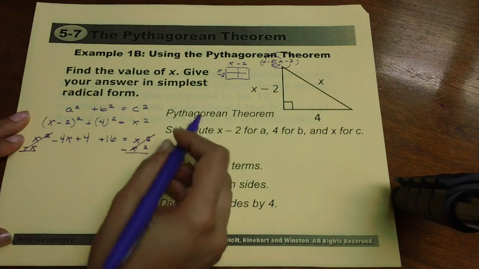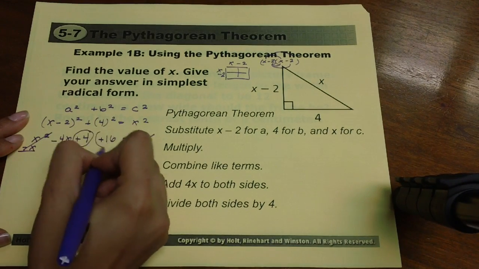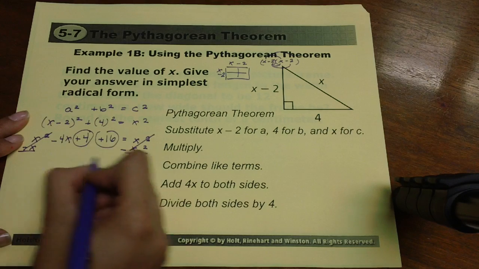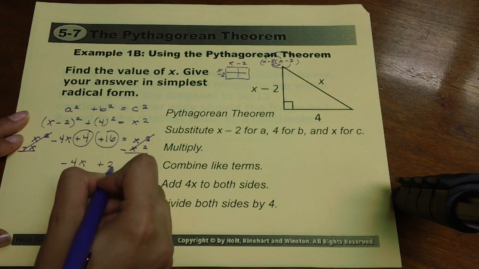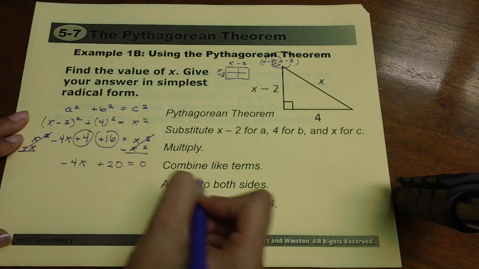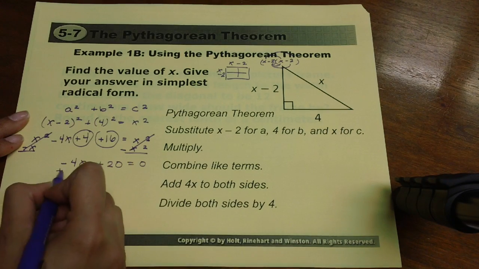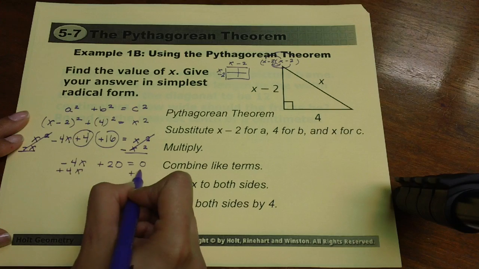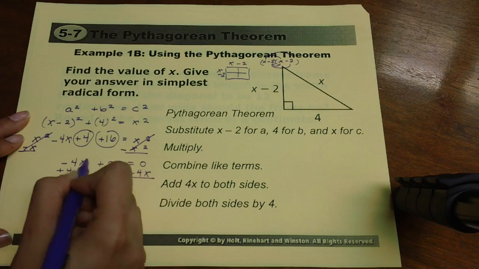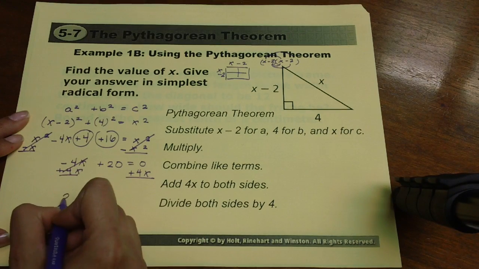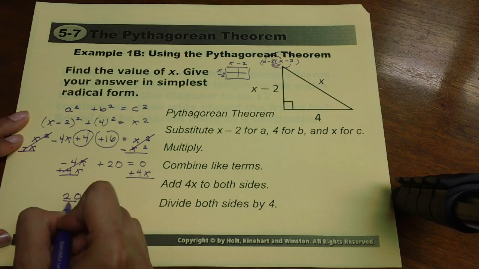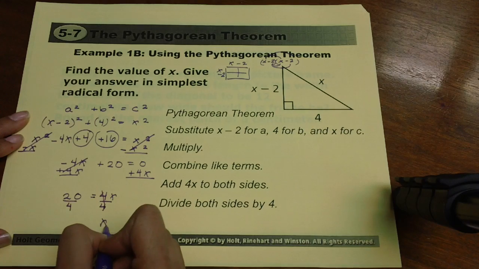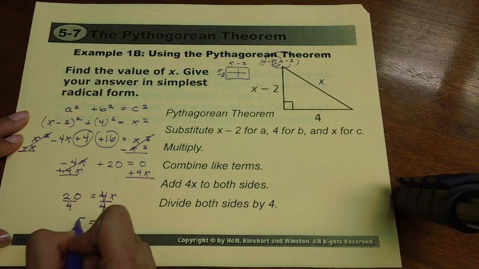These are going to end up canceling out. These two terms are my like terms, so I end up with a negative 4x plus 20 equals 0. I'm going to add the 4x to both sides. That's gone. I get 20 equals 4x. Divide both sides by 4, and I get x equals 5.